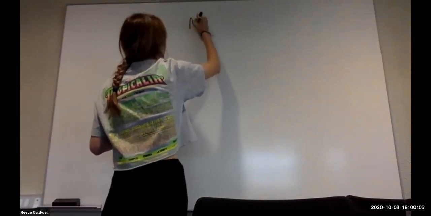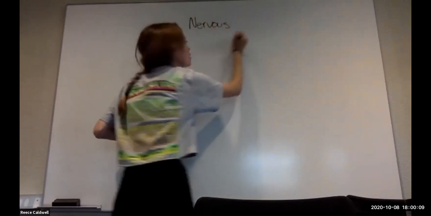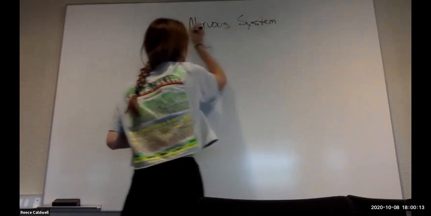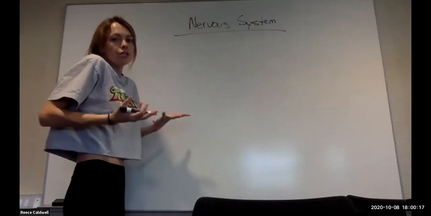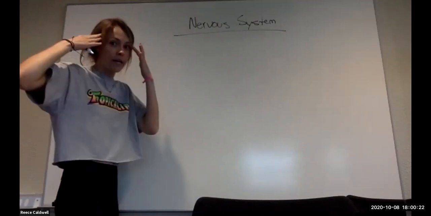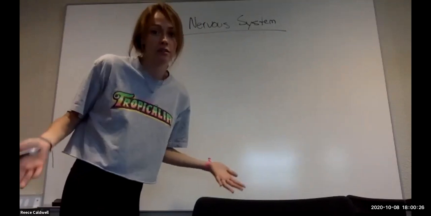So we have the nervous system. What are the parts of the nervous system? Well, we have the brain, we have the spinal cord, we have all the nerves that come off of that.